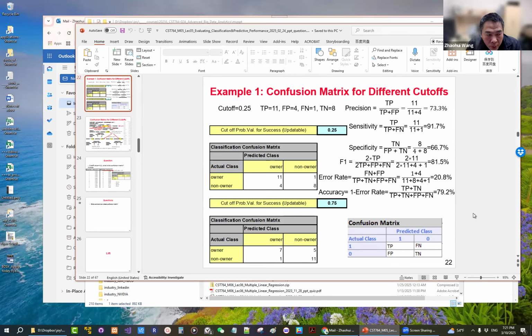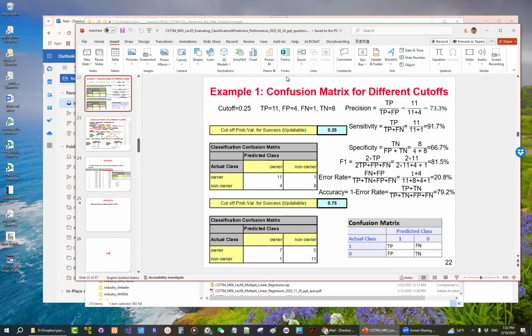This is one example. Choose different cutoff value. This cutoff value 0.25. And from here, we need to divide two parts. So there are two examples. Second is 0.75 cutoff value.